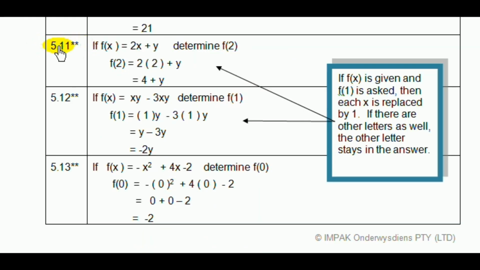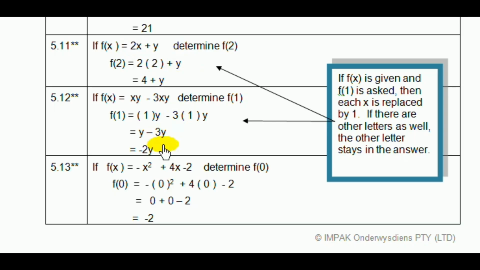5.11, we have a functional notation, but in your expression there's an x and a y, but it is given that the name is f and the variable is x. So if I ask you to get f(2), then you have to change the x with a 2. So f(2) then is 2 times 2, but the y, we don't have something to substitute the y with, so leave the y in your answer.